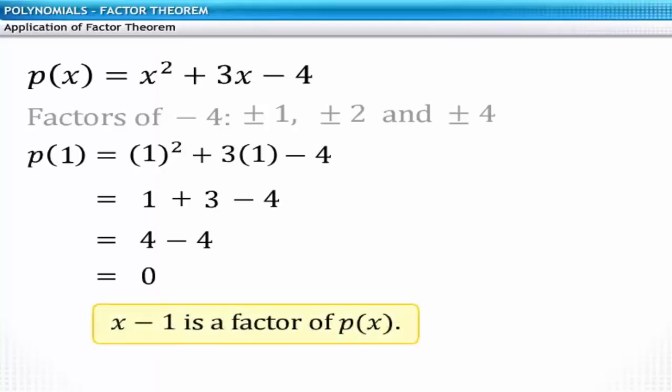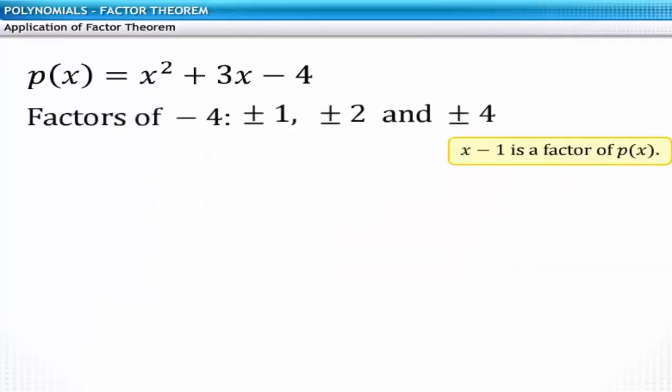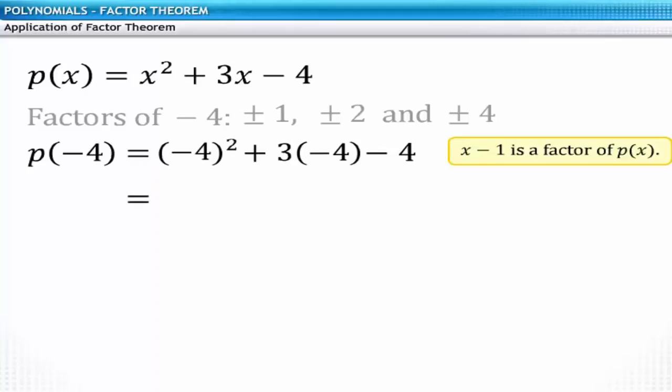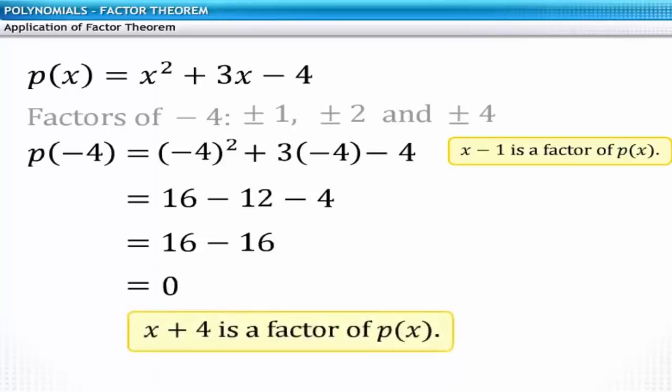Based on the factor theorem, we can say that x minus 1 is a factor of the polynomial. By performing the same for all factors, we get p of minus 4 is equal to 0. Therefore, x plus 4 is also a factor of p of x.